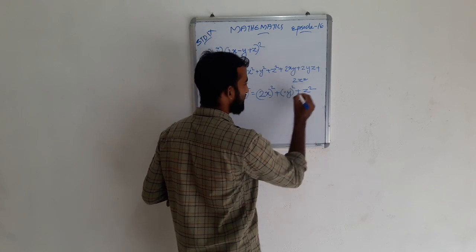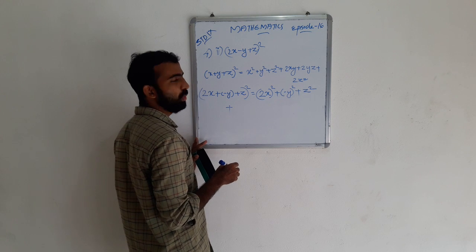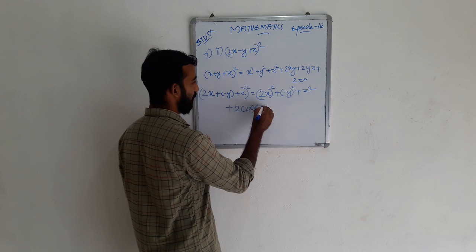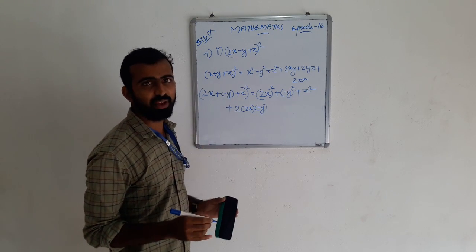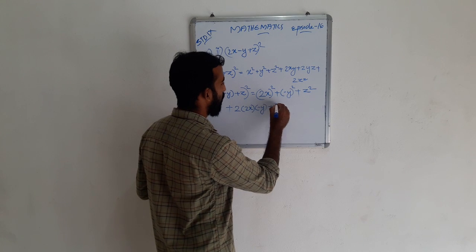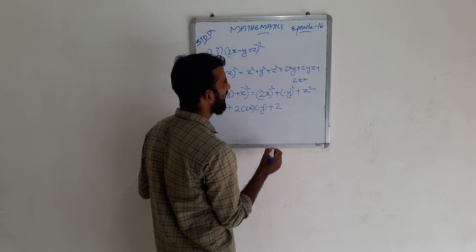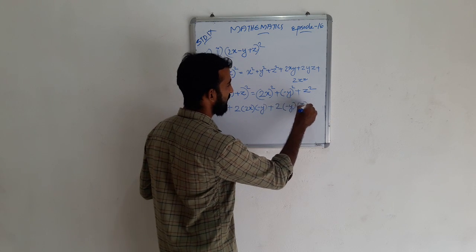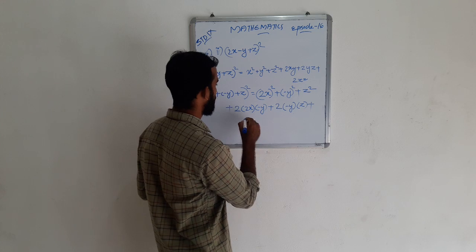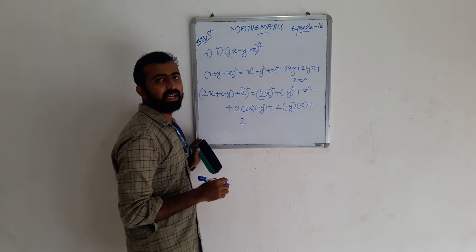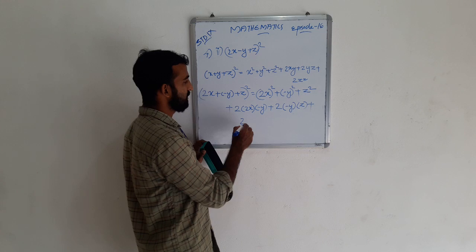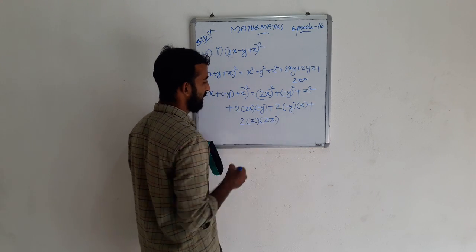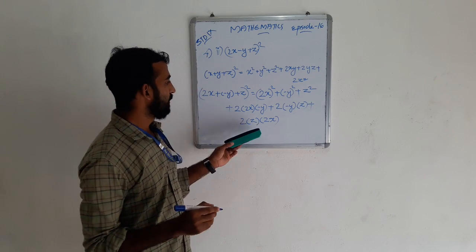z square plus 2xy, 2 into 2x into negative y, plus 2yz, that is 2 into minus y into z, plus 2zx, that is 2 into z into 2x.